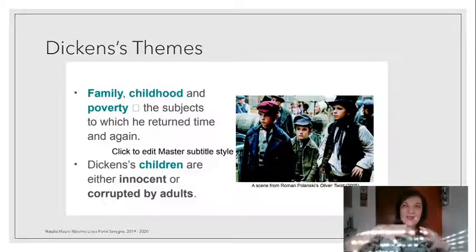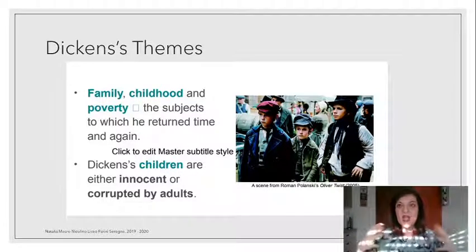And so this world of children, this childhood, which characterizes his novels, is made of children who are innocent, for example Oliver, or also corrupted by adults.